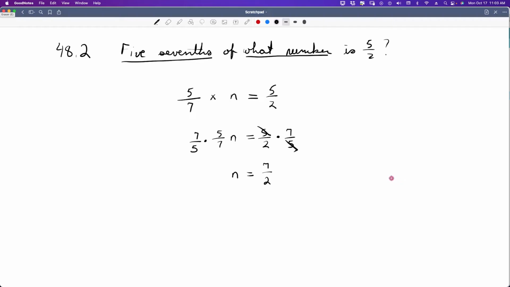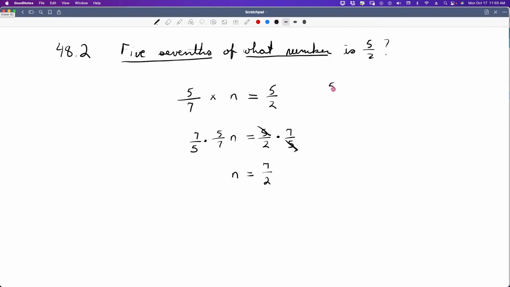Now remember, we can always check our answer if we're not sure about it. And sometimes, let's be honest, the fractions get switched around a bit when we're not really sure about the answer. So we need to check our work just to make sure. So I am going to rewrite this, okay?